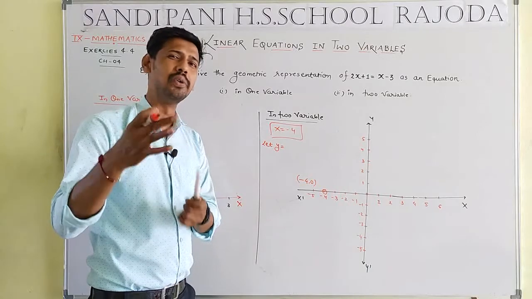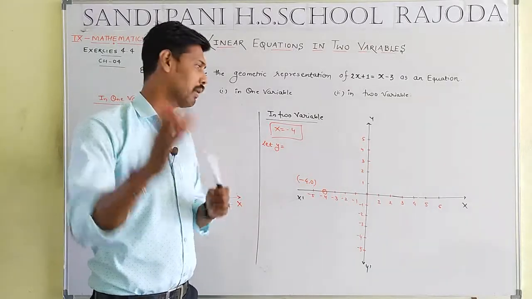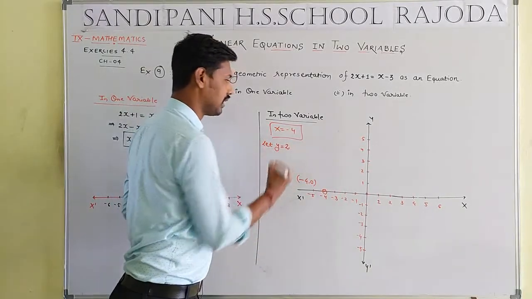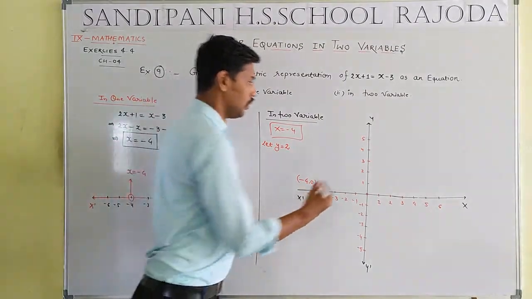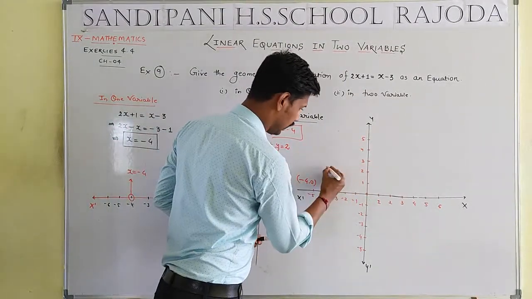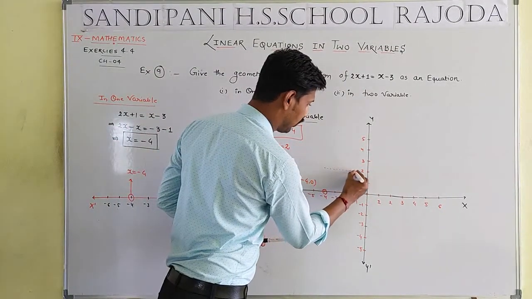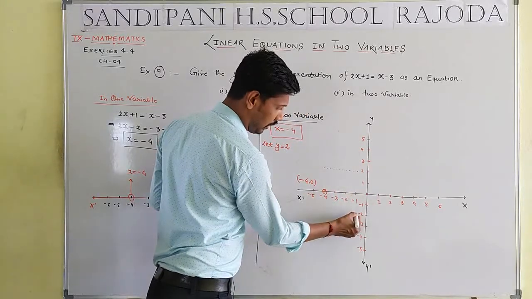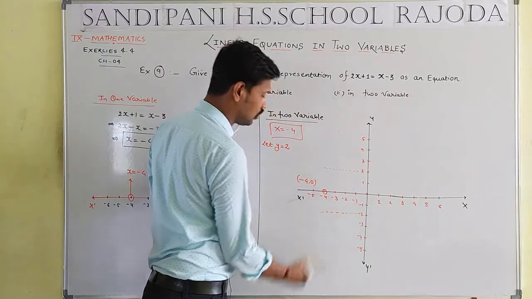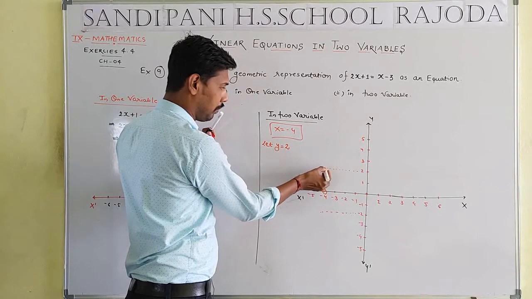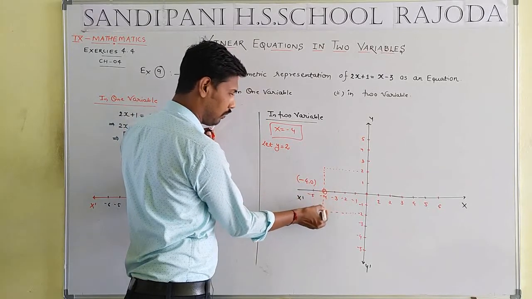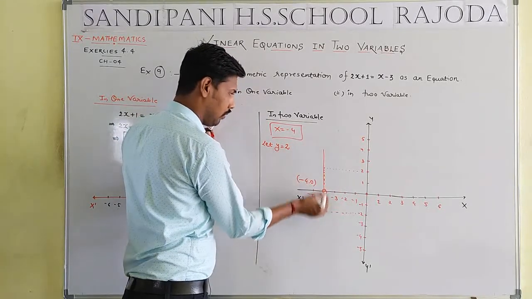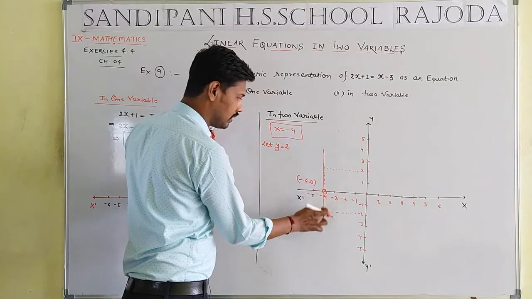That means 1, 2, 3, 4, 5, 6 depends on you. Let me consider y will be equal of 2. Y equal to 2. That means we draw a perpendicular from y equal to 2 and y equal to minus 2 and the perpendicular from the point 4. Then we got a simple straight line.